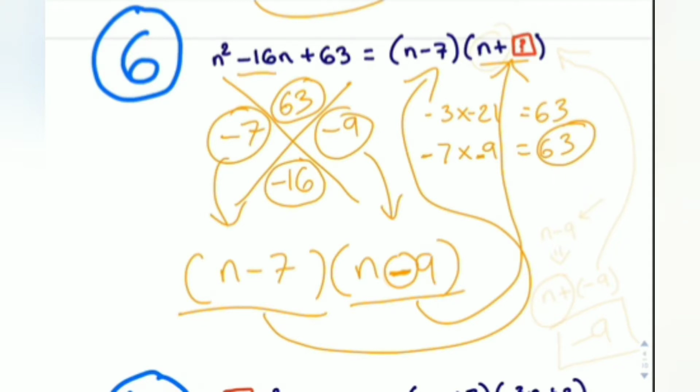Every time you see a subtraction sign, just think of adding a negative number. So we're going to convert this n minus 9 into n plus negative 9. Remember that whenever you subtract, you're always adding a negative number. Okay, so now here it goes.